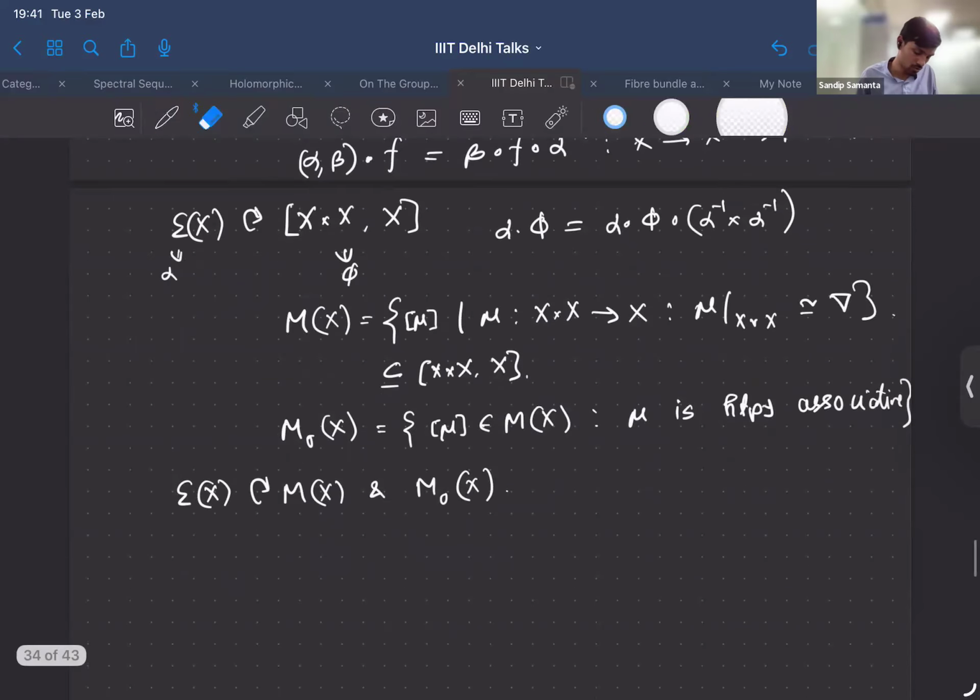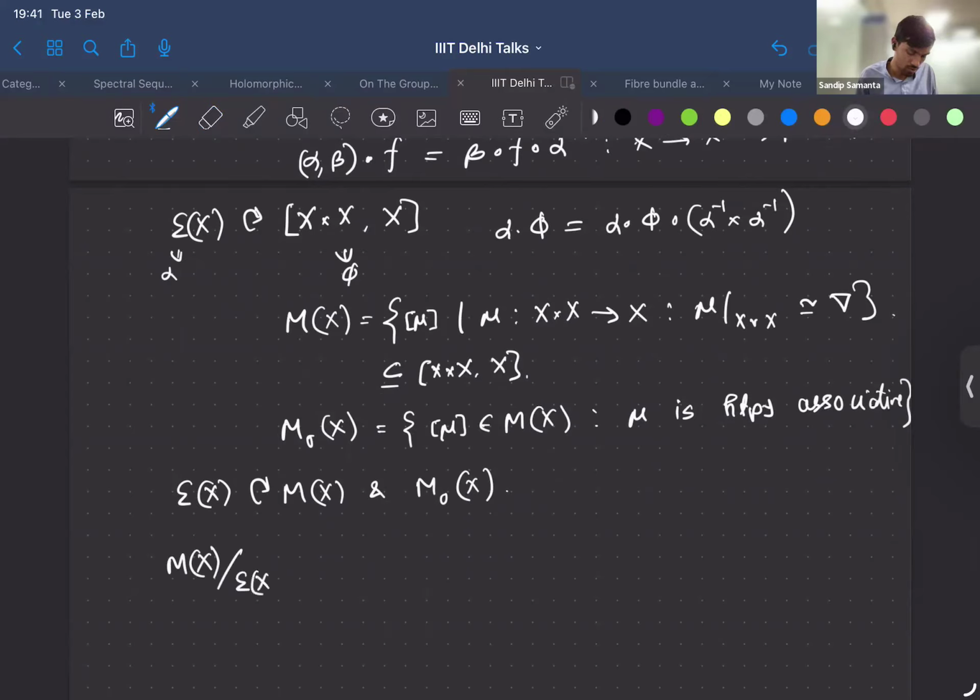And if we consider this mx quotiented out by the action of this epsilon x, that is actually denoted by m tilde x, and the other one, m0x, if you quotient out by the action of this epsilon x, that gives us m0 tilde. So this is the definition of it.